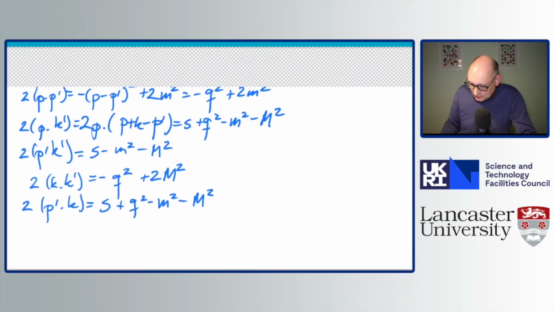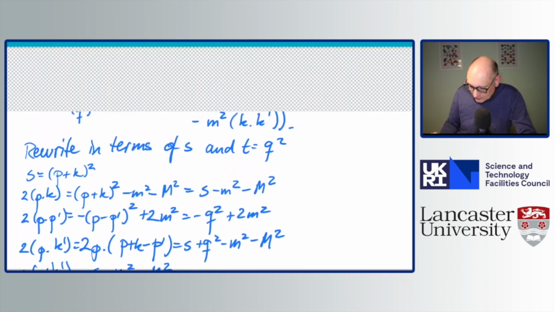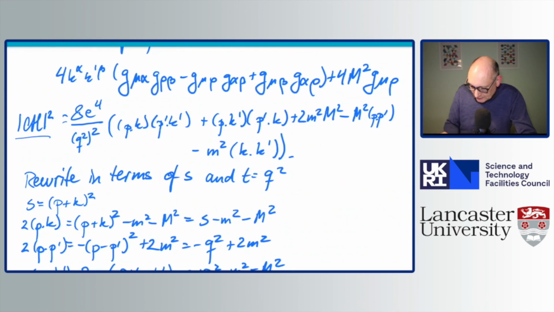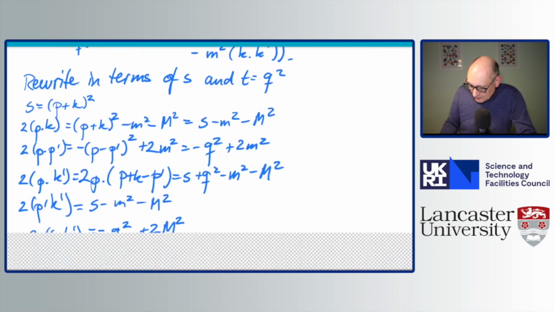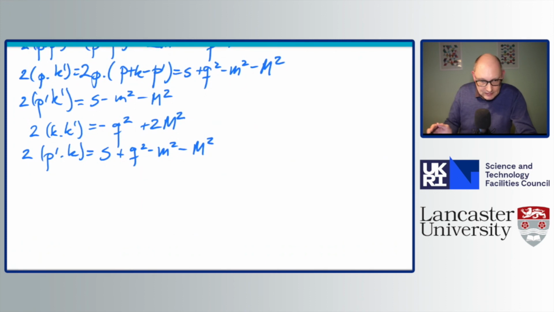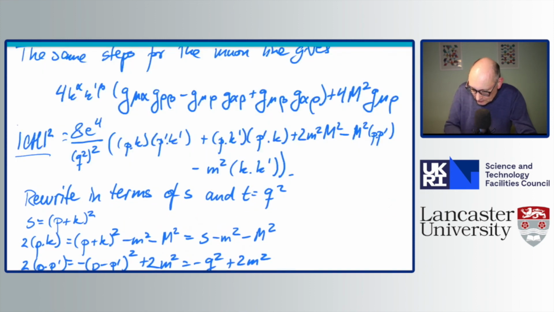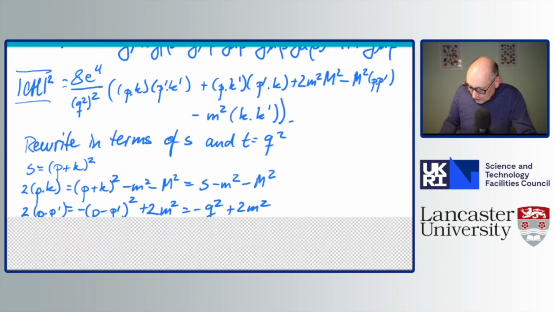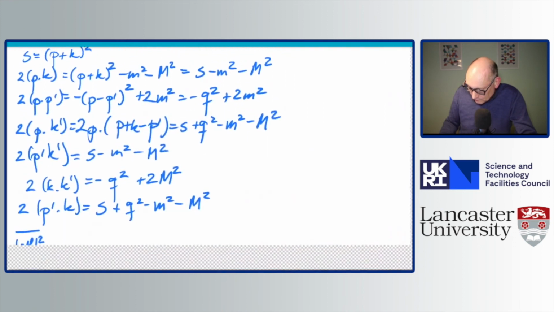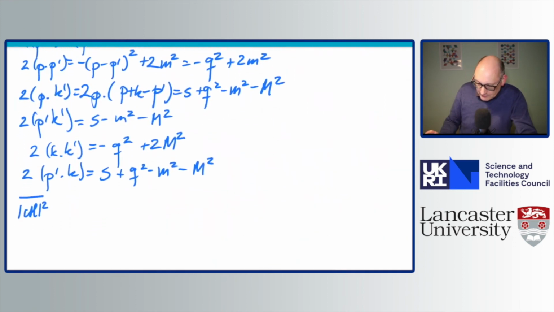So if one substituted in this expression every time one saw a p dot k or p prime dot k prime, then one would arrive at a form for the matrix element squared, scattering amplitude squared, as spin average. Sorry, I should have had that as well. It's a spin averaging here that allows us to get rid of the first set of spinors by summing over their spin. Good.